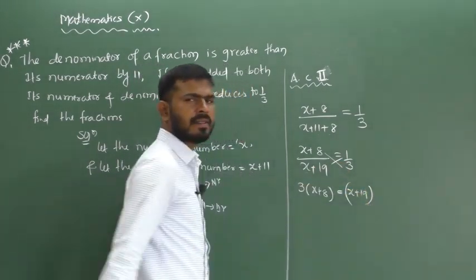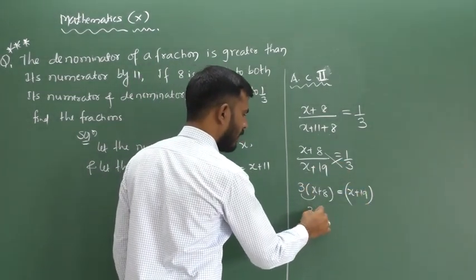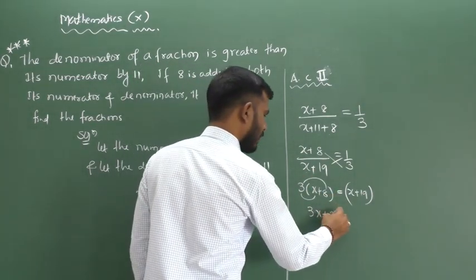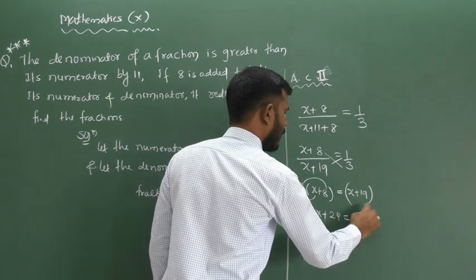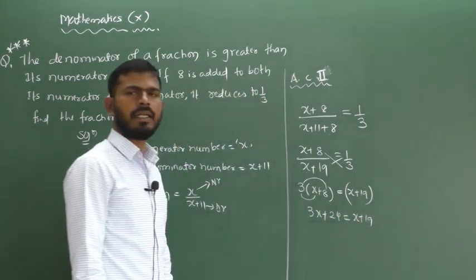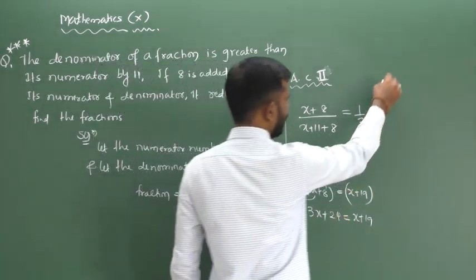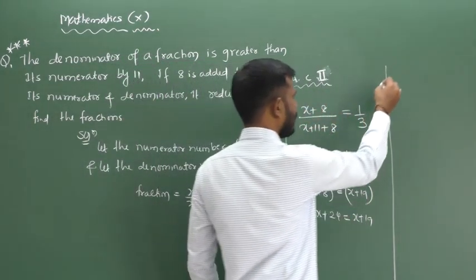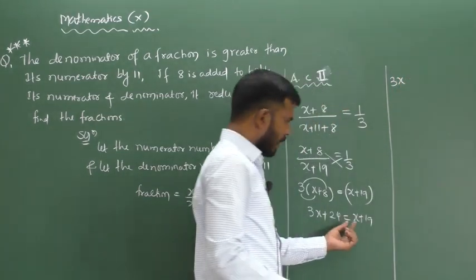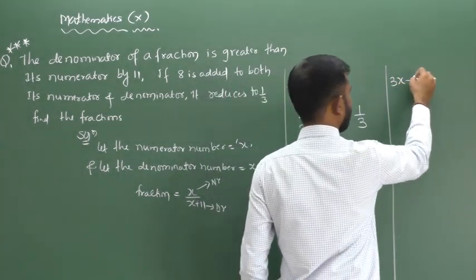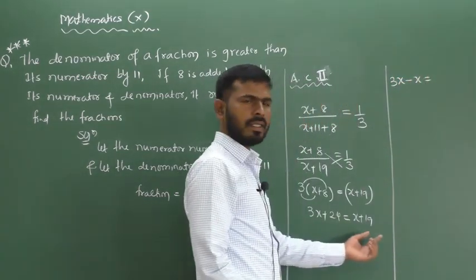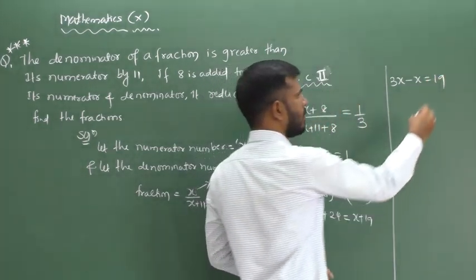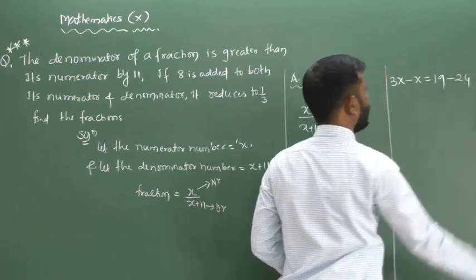Simplifying, we get 3x plus 24 equals x plus 19. Next step, we make the like terms one side: 3x minus x, that is 2x, equals 19 minus 24.